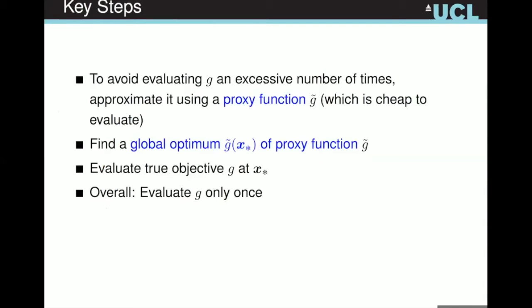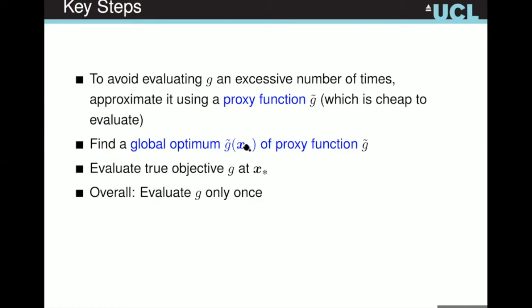Here are the key steps of Bayesian optimization. To avoid evaluating the expensive function g an excessive number of times, we approximate g using a proxy function g tilde, which is cheap to evaluate. Then we find a global optimum x star of this proxy function g tilde(x).